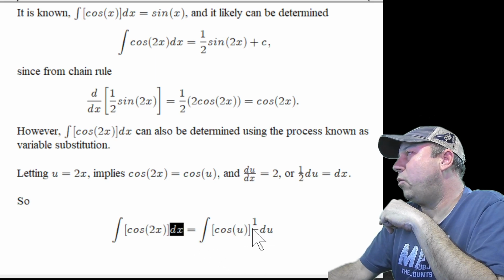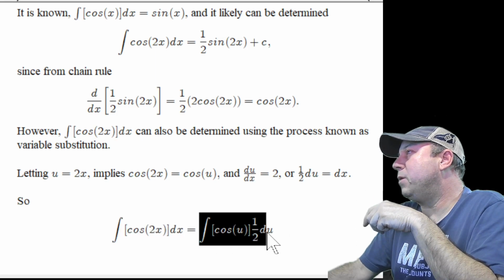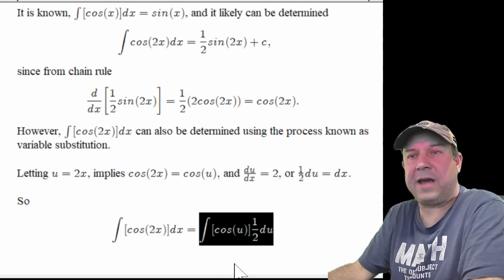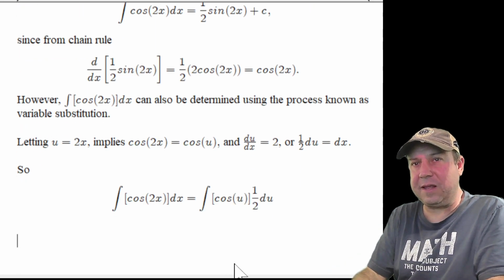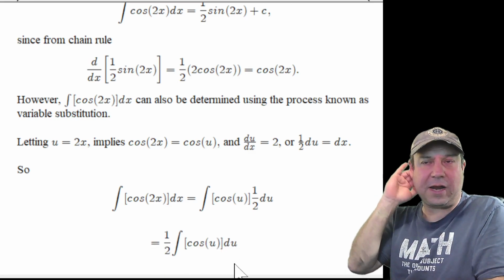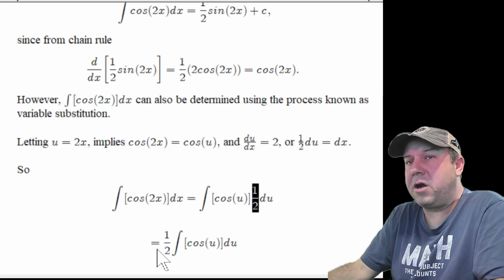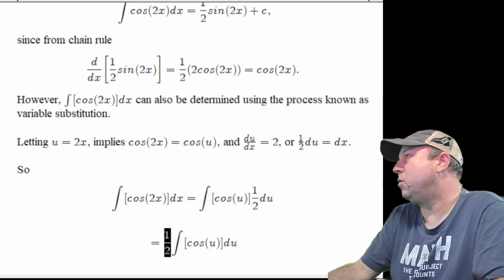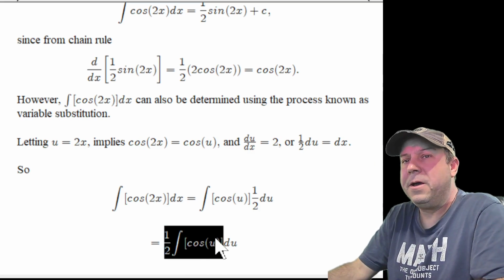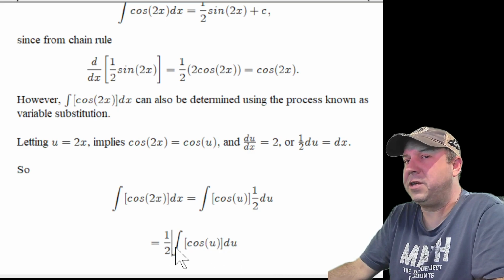Replacing dx with 1/2 du, we can build this argument given by the antiderivative of the cosine of u times 1/2 du. I can do a little rearranging to begin with. That 1/2 is a constant multiple, and it can be brought all the way out in front as a constant multiple of my antiderivative, where here you can see I'm interested in just the antiderivative for the cosine of u du.